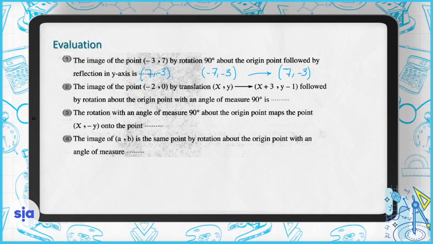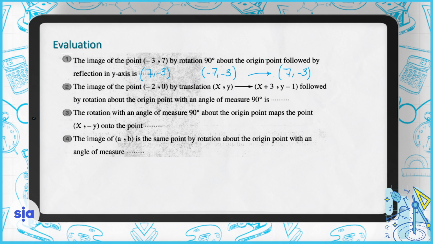Question 2, the image of the point (-2, 0) by translation (x + 3, y - 1) followed by rotation about the origin point with an angle of 90 degrees is what? First of all, let's find the translation. To each x I add 3 and from each y I subtract 1.